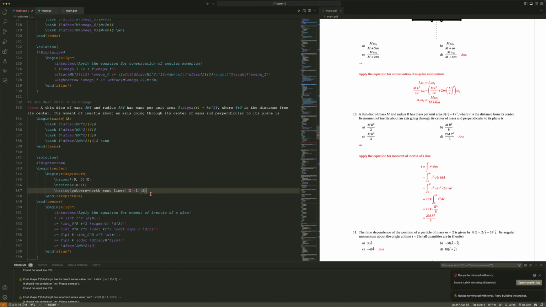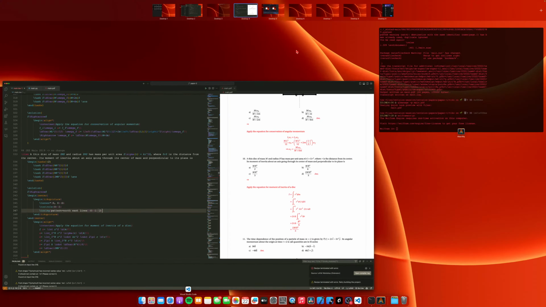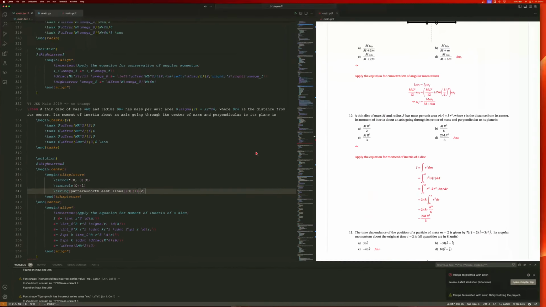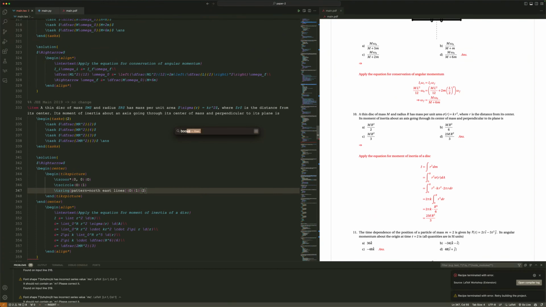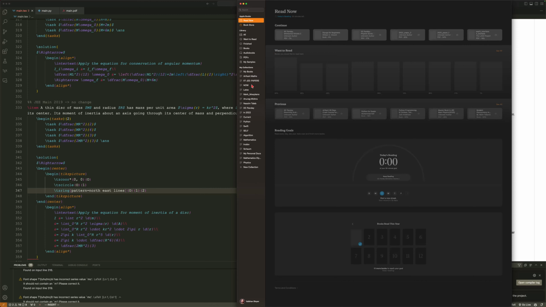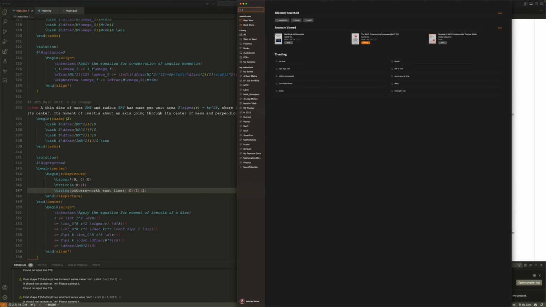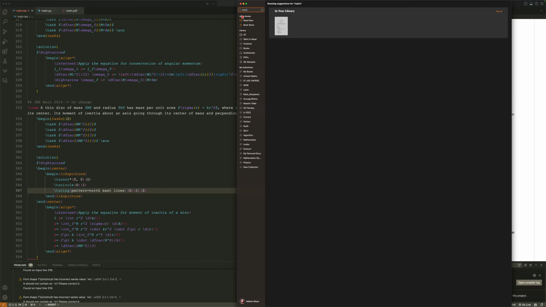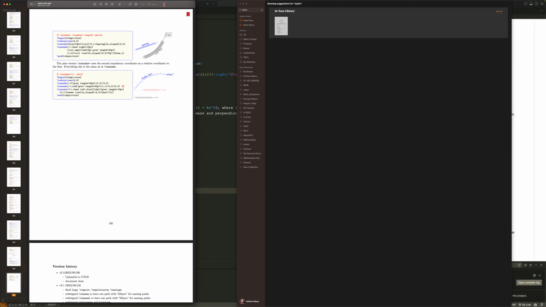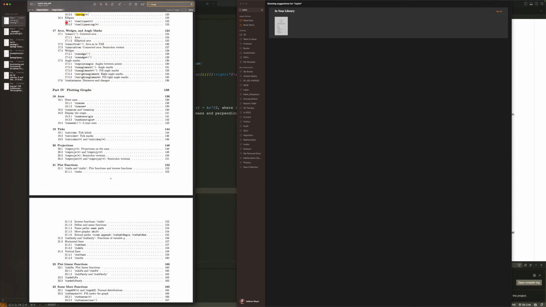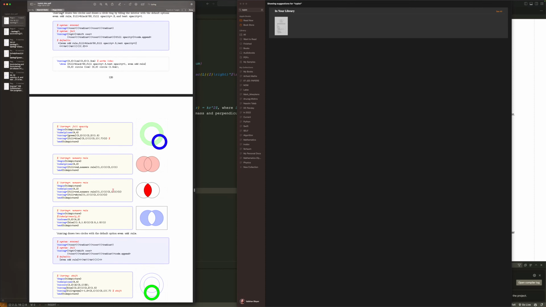Something is wrong here. Let's see the documentation of tikz. So we just have to search tikz ring, and it will just take it, yes.